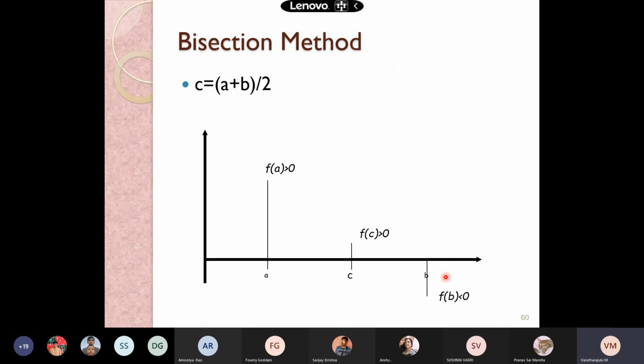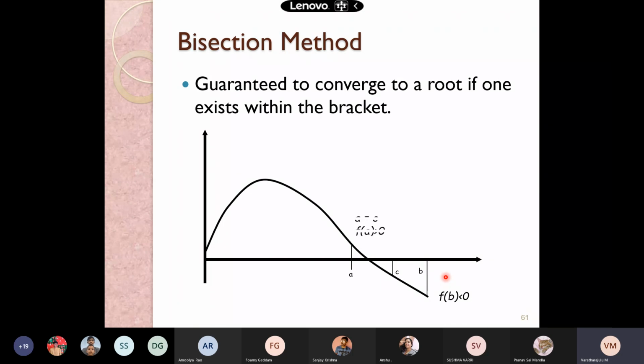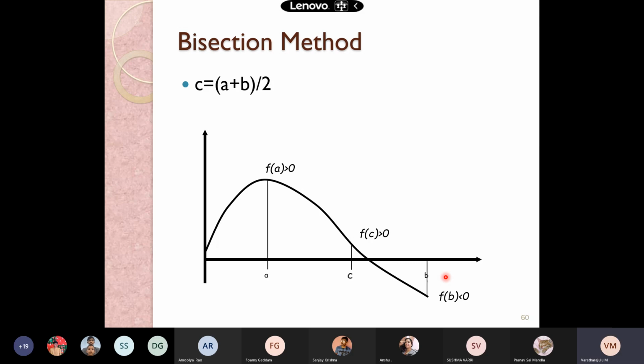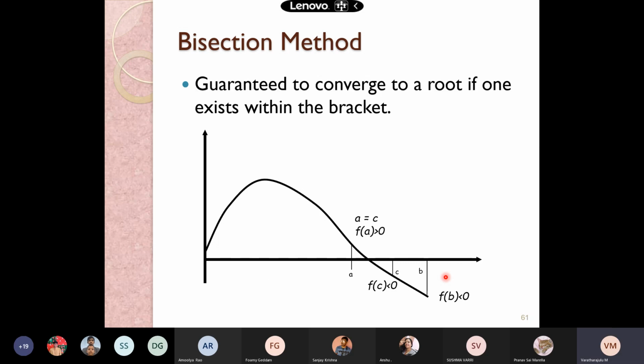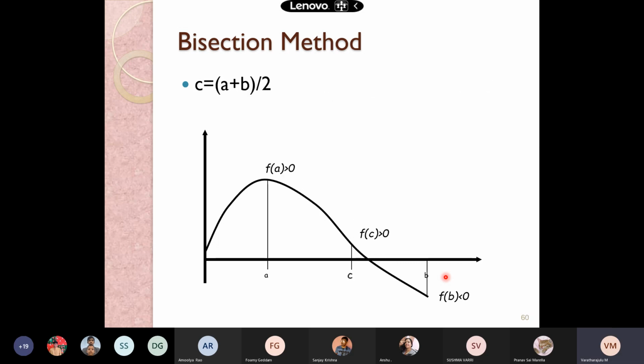We are going to take that as an input for the further iteration, that is f of C. This guarantees convergence to a root if one exists within the bracket. So this is another case. We are going to take this as C.